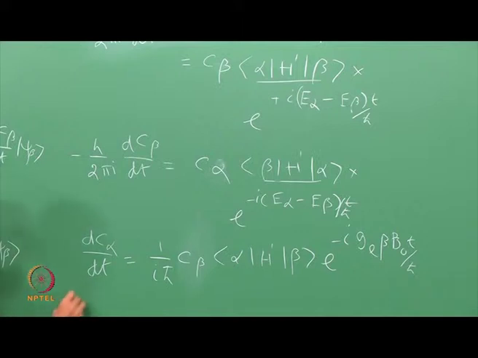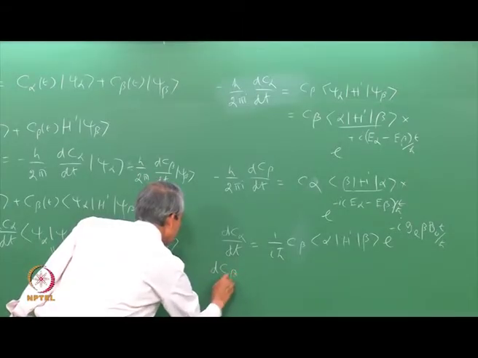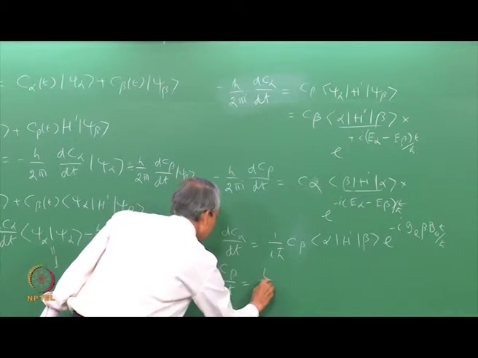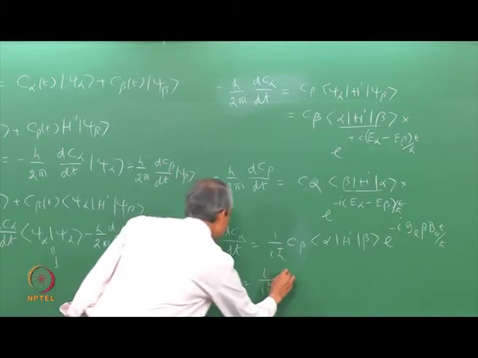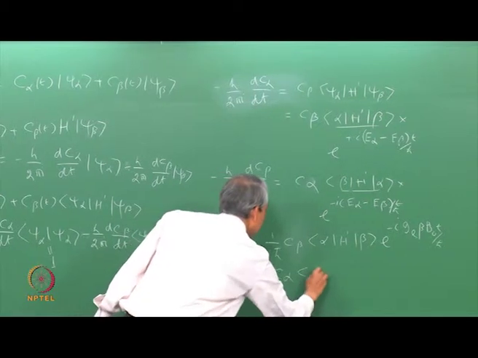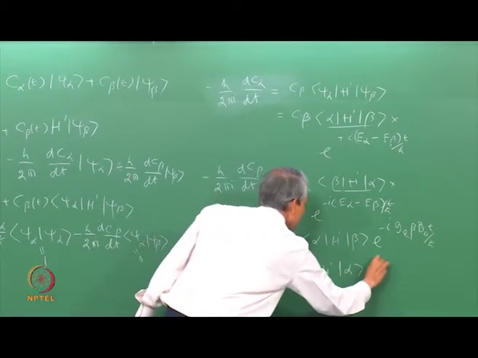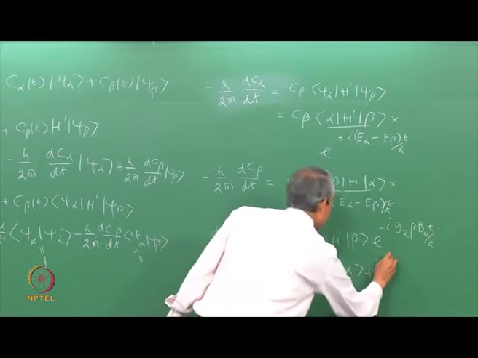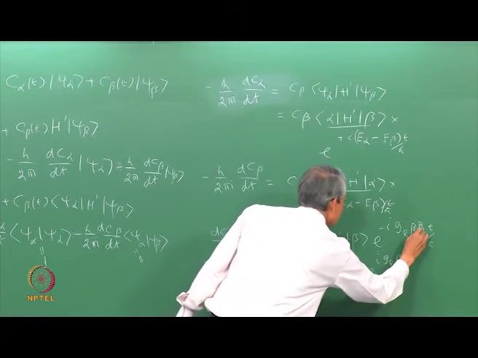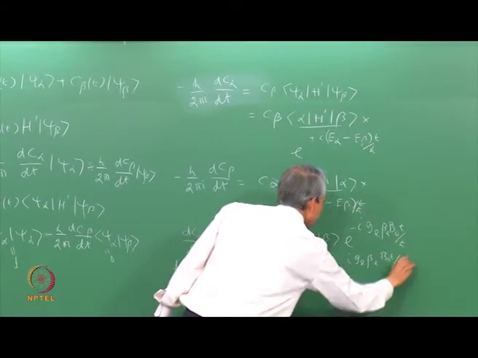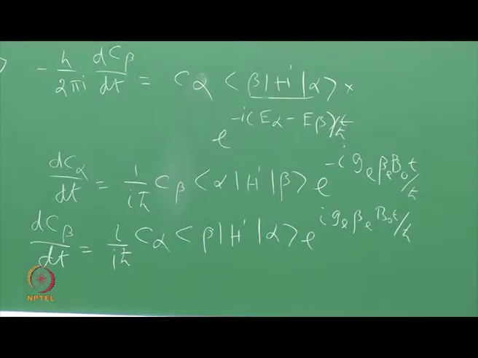And the other equation is d c beta by dt.